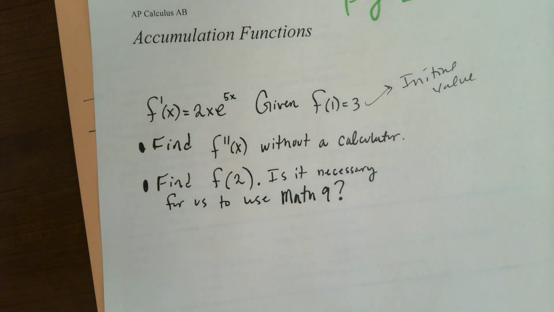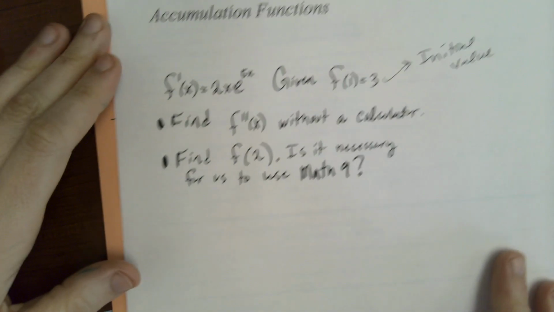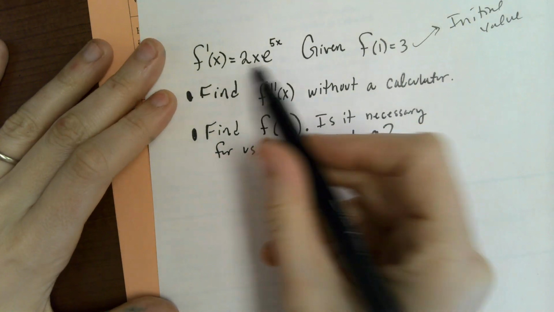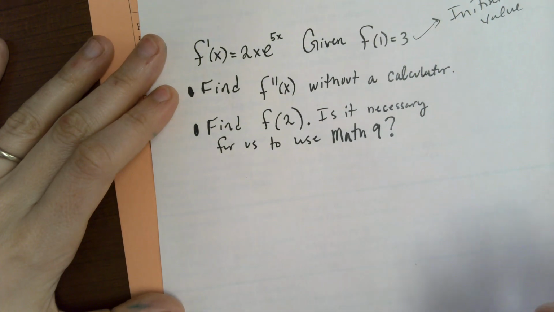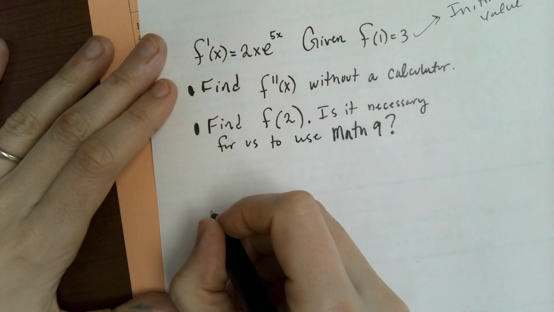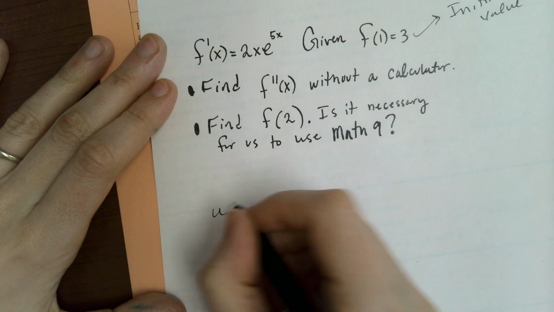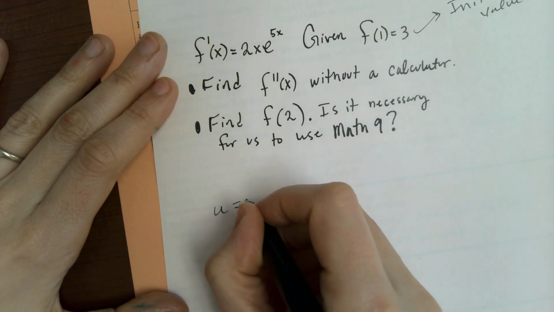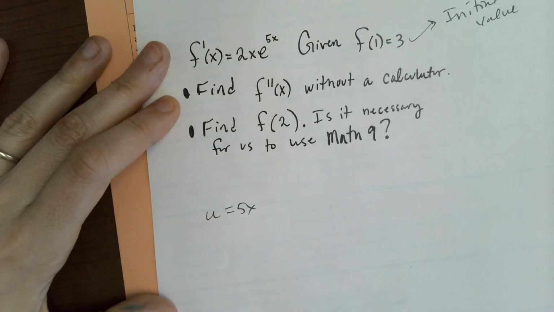So if you know you're going to need one, maybe do that, like you could do it right away. I'll do it now so you could see how that would go. So I could see right now that U is going to have to be 5x at some point.